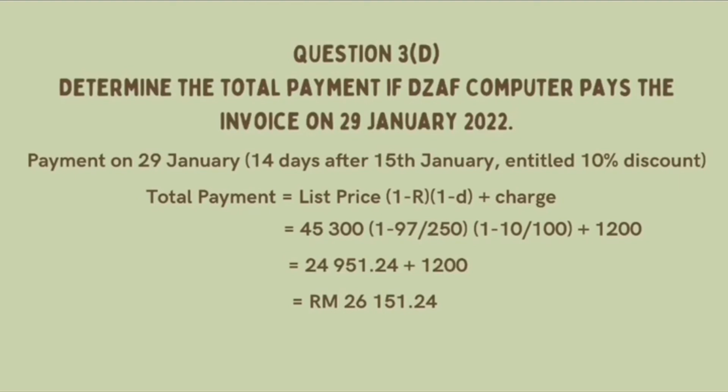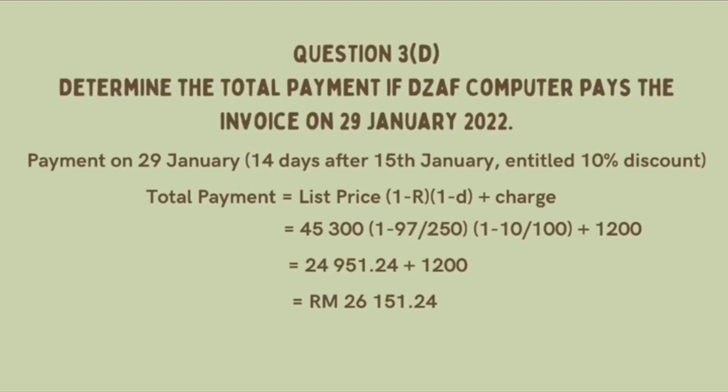So it will be 45,300, open bracket, 1 minus 97 per 250, close bracket, open bracket, 1 minus 10%, close bracket, plus 1,200. To avoid us from doing careless mistakes, just calculate the net price first, and then just add the transportation cost to it.